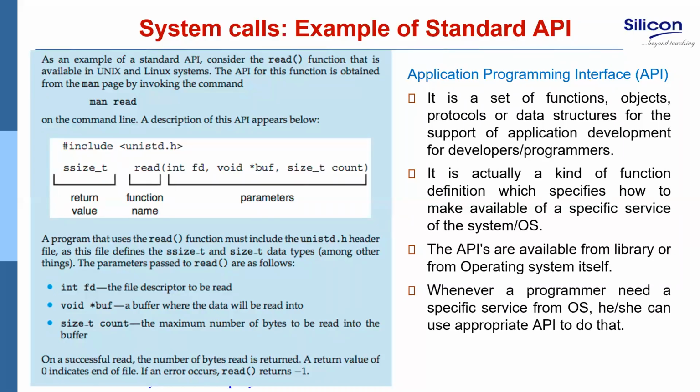If somebody wants file operation, he can use a particular API. Somebody using memory management may use another API. So the appropriate API may be used to avail a particular kind of service.